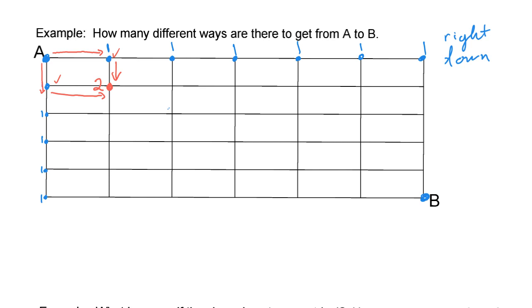I'll give you a hint. This is actually another application of Pascal's triangle. So we just add up the interior numbers to get the diagonal. So 2 and 1 gives us 3 here. 2 and 1 gives us 3 in this spot here.